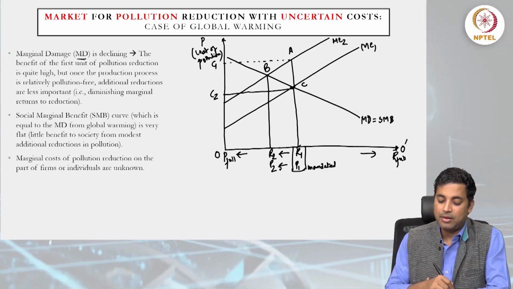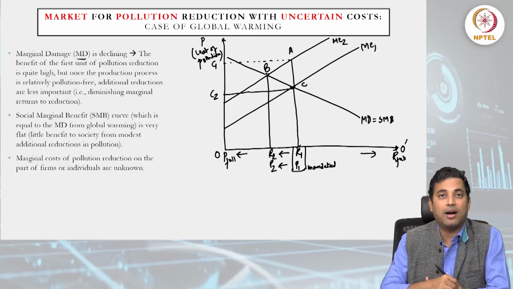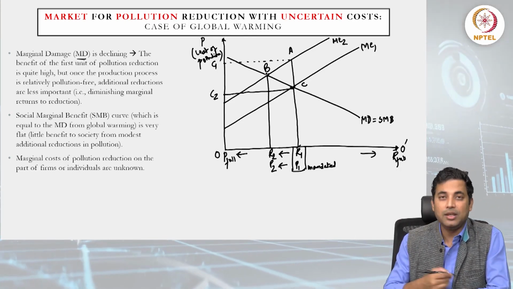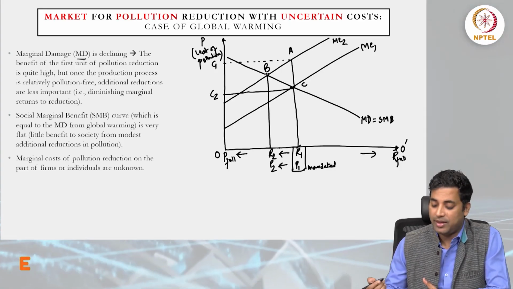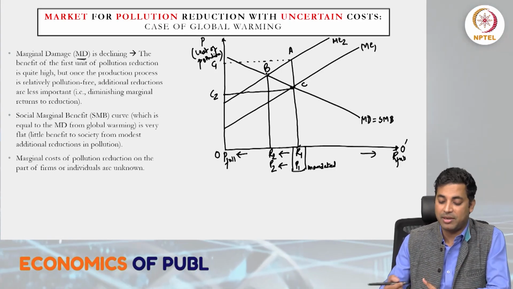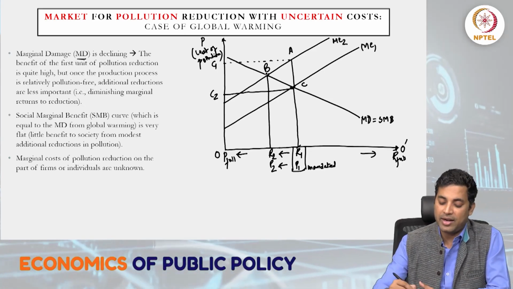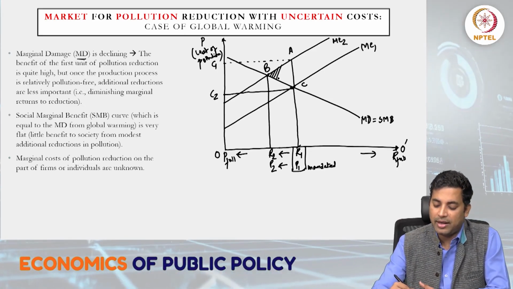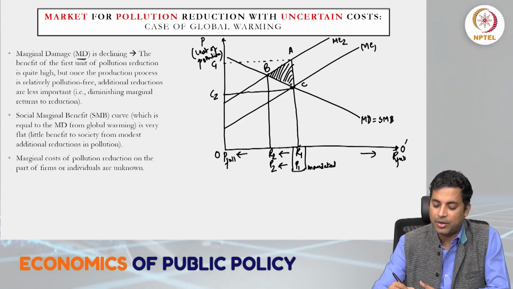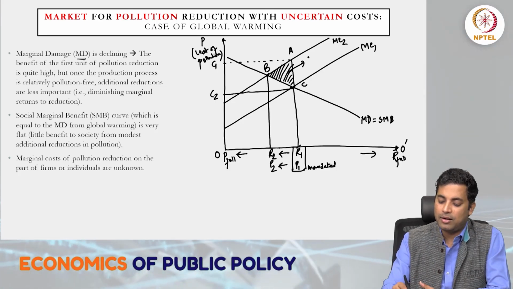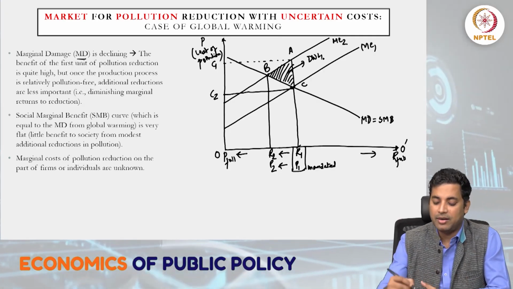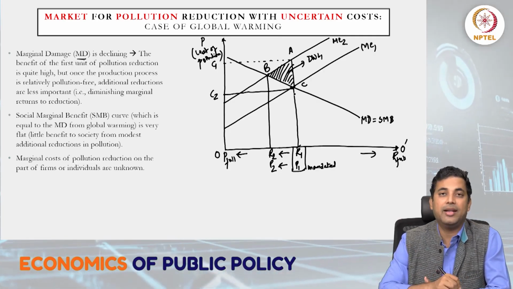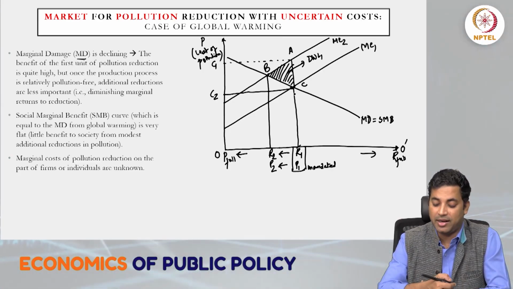At point B, we are getting a new equilibrium where MC2 is intersecting with social marginal benefit, but in a way we are losing out on the area we call deadweight loss 1. So the ABC area is the deadweight loss area.